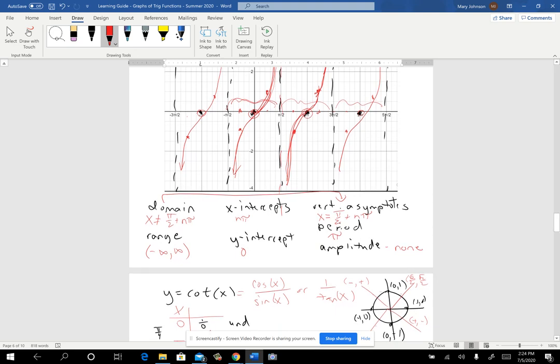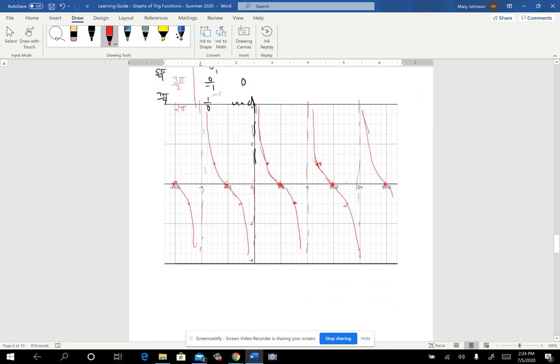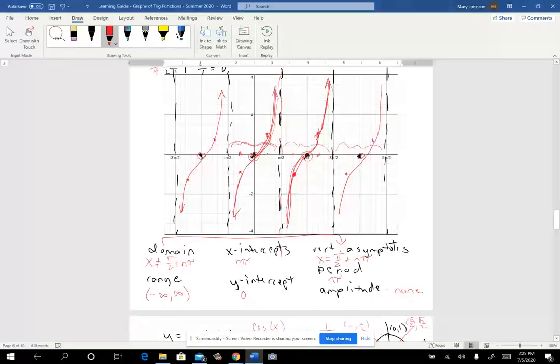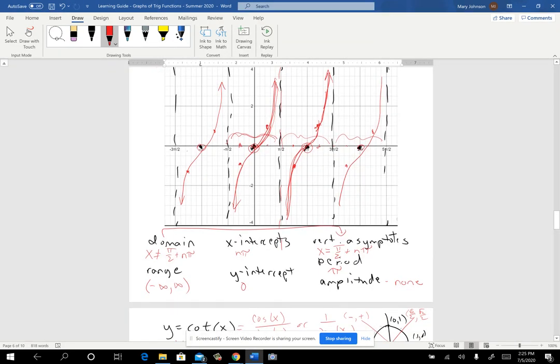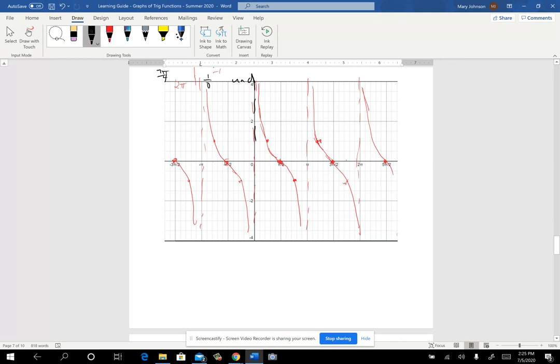All right, let's look at cotangent. Cotangent was kind of like tangent. It just looked like each of those pieces were sort of flipped over and then moved a little bit. So we're going to have a similar feel to this situation.